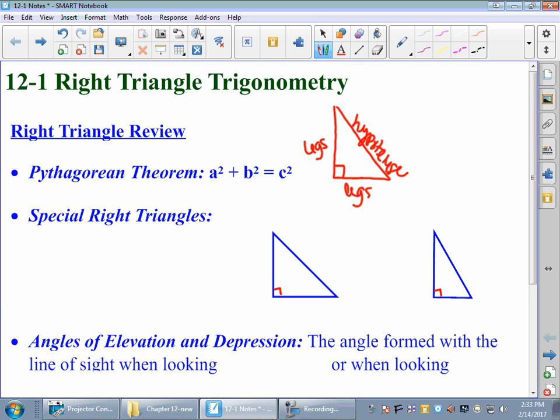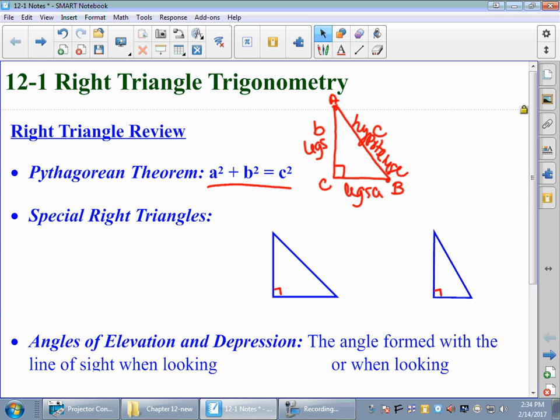And then we have points A, B, and the right angle we usually call C. Under that definition, the sides opposite those angles are the little letters. So the side opposite capital A is side little a, or leg a. This would be leg b, and the hypotenuse then is little c. So that's where this definition comes from: if you square the two legs and add them together, it equals the hypotenuse squared.